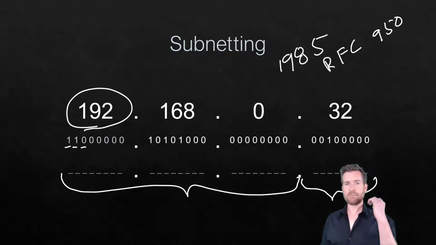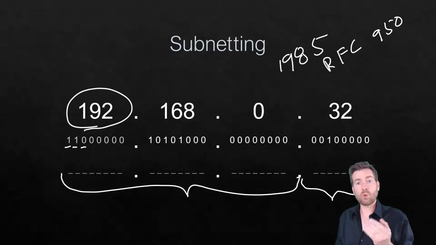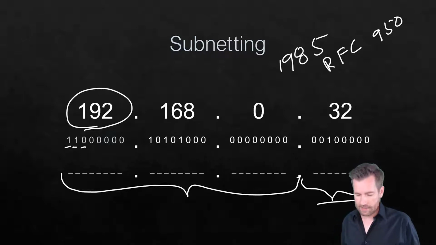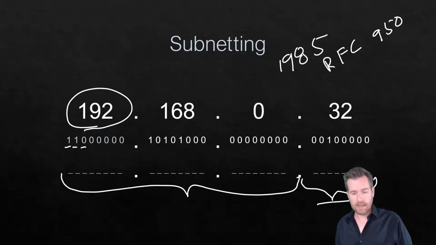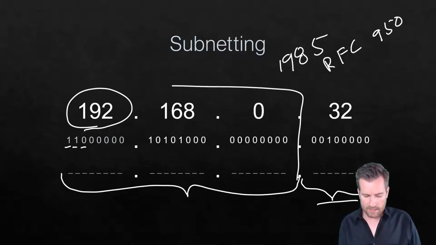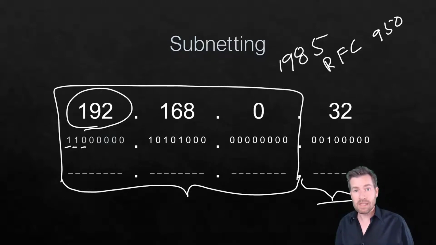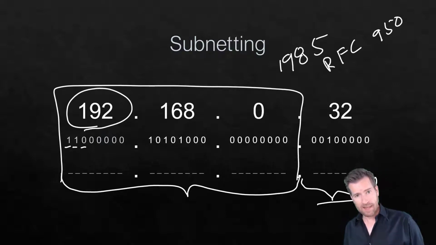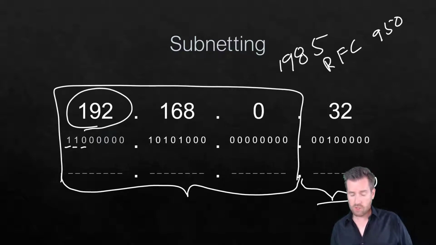So now what subnetting is, it allows us, within the classful ranges, to subnet things out further. Let's say I don't need 256 host addresses out here. And so what I can do is I can further break that out. So if this address range was assigned to me, which is a 192.168.0, then what I can do is I can break this last part out into 2 different sections.